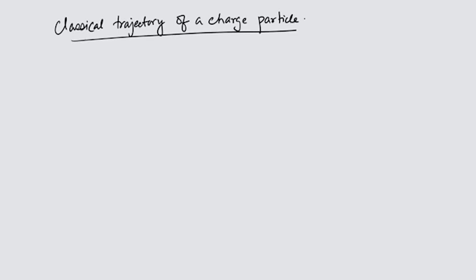Okay. So let us talk about two cases. Case one is where there is no electric field and there is only a magnetic field which is constant, not equal to 0. It's finite and it's uniform. And the energy is constant.